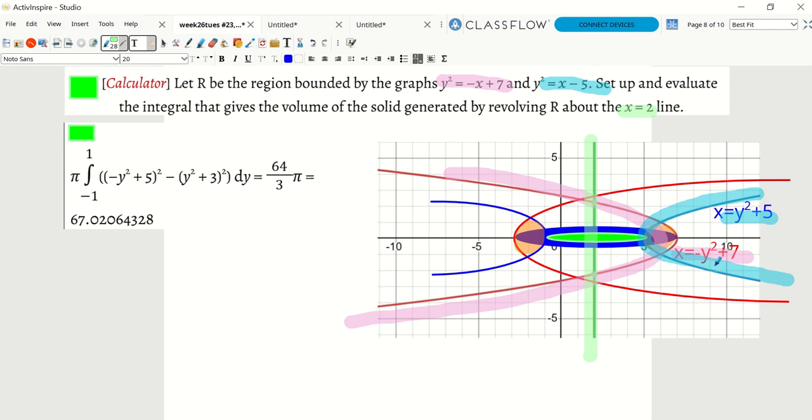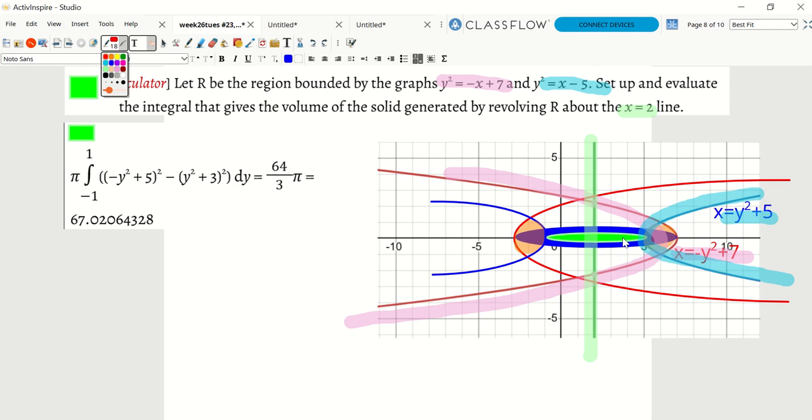Okay, now here's the key thing to note. Let me do some red dots here. Let's go right there. I hope we can agree that orange, which is the desired area, is blue disk minus green disk.